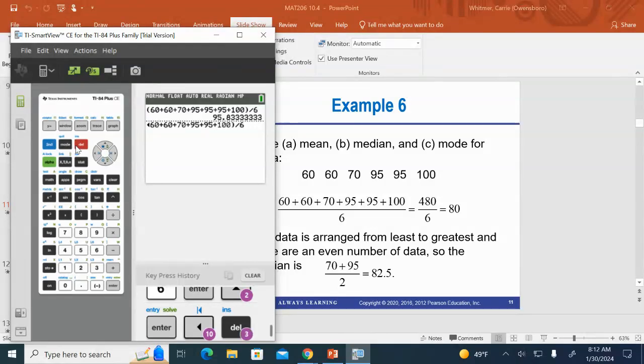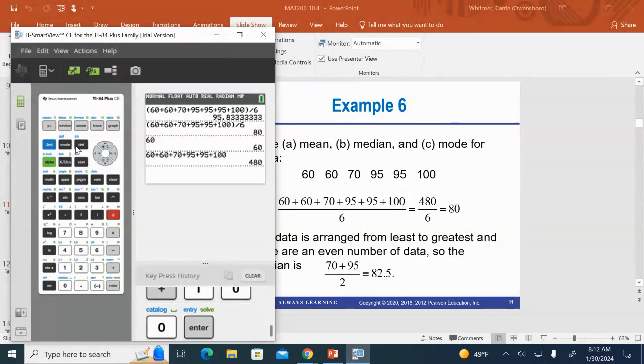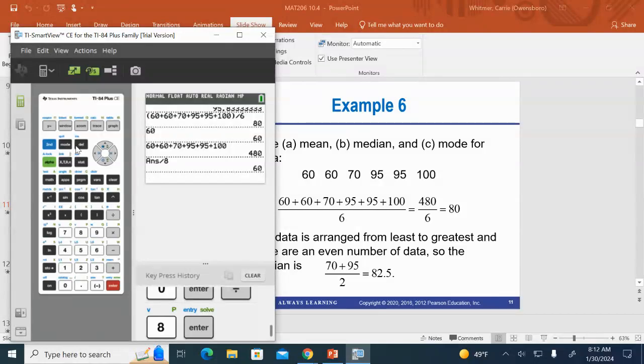I can't talk and type on my calculator at the same time. There we go. Okay. You could also type it in, 60 plus, again, I can't talk and type at the same time. Take that total and then divide by 6. Okay.